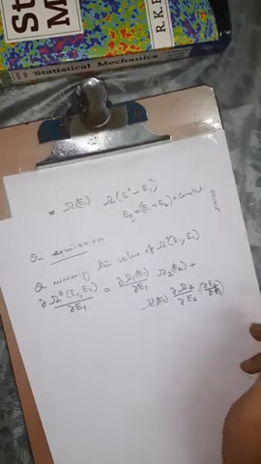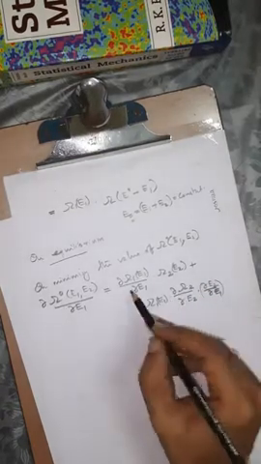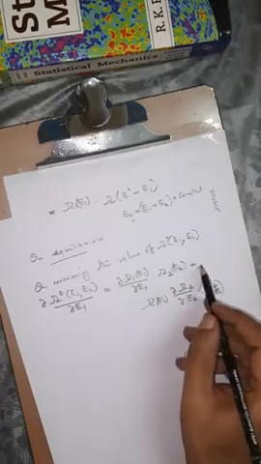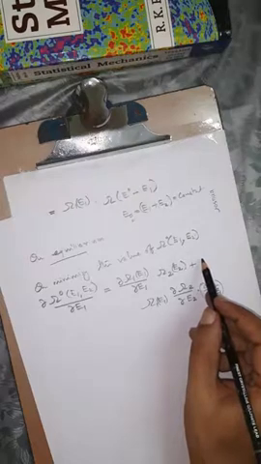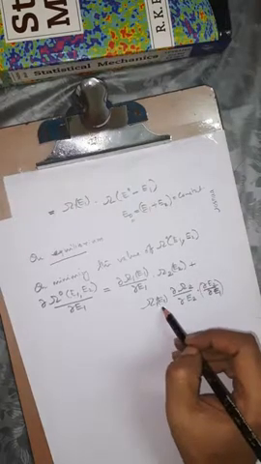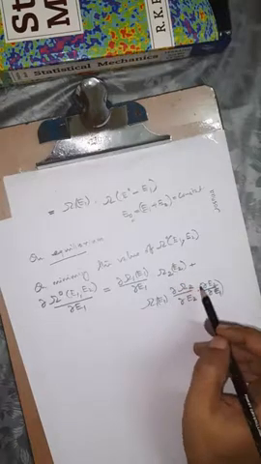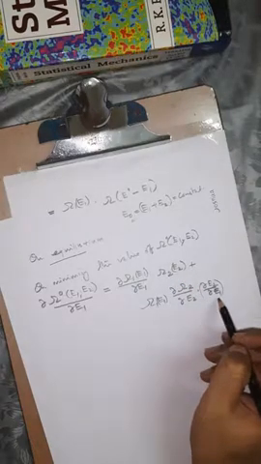Actually it should be like this: dou of omega 1 E1 by dou E1 into omega 2 E2 plus omega 1 E1 into dou of omega 2 E2 divided by dou E1.